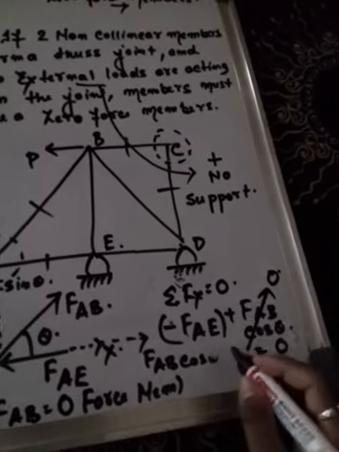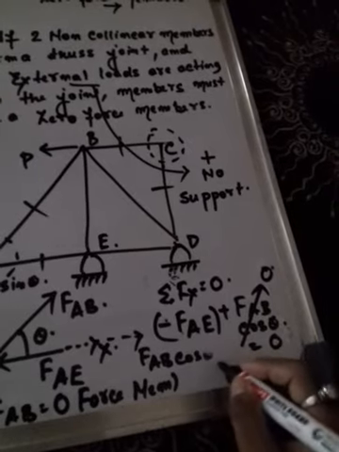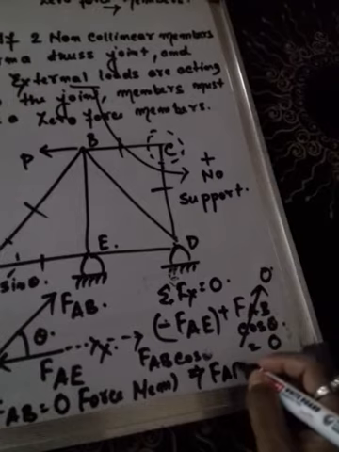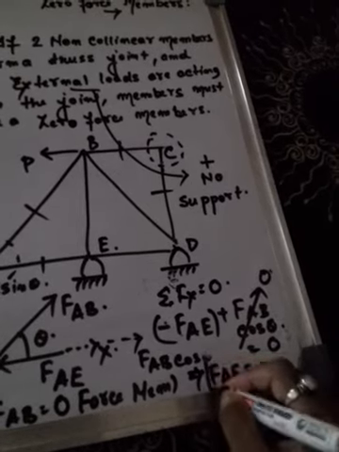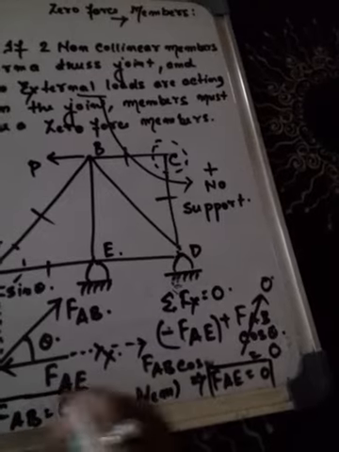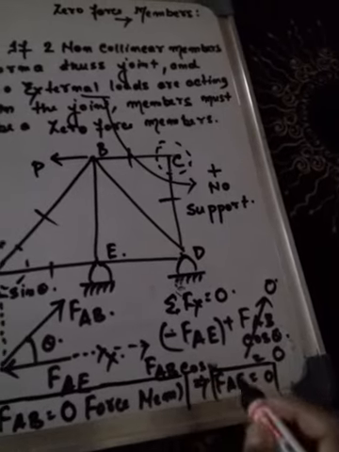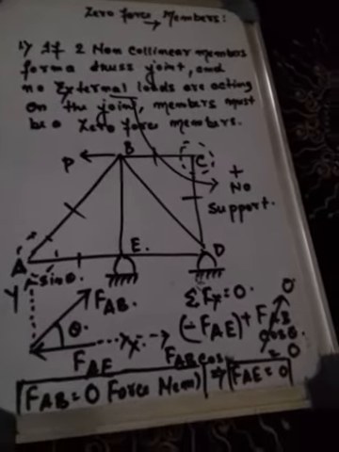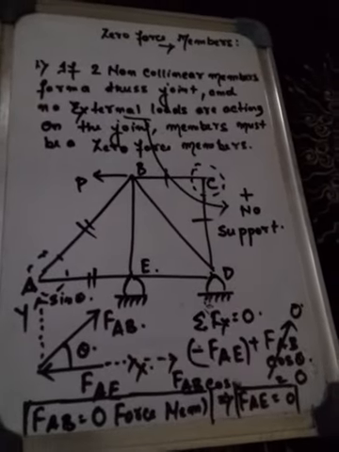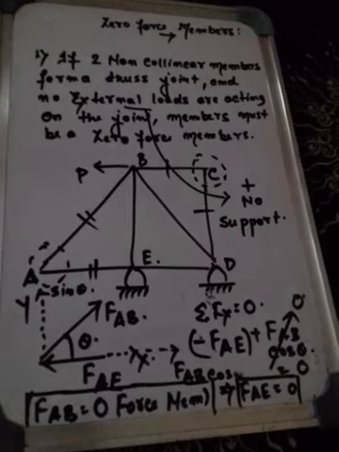So you will get FAE is also equal to 0. That is, AB and AE both are zero force members. Okay, so clear?